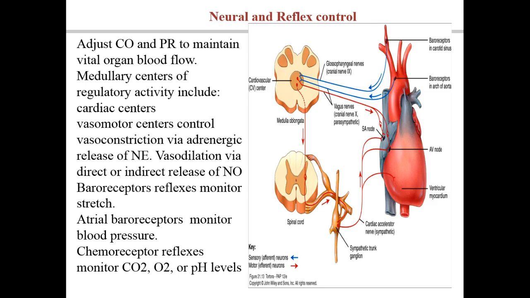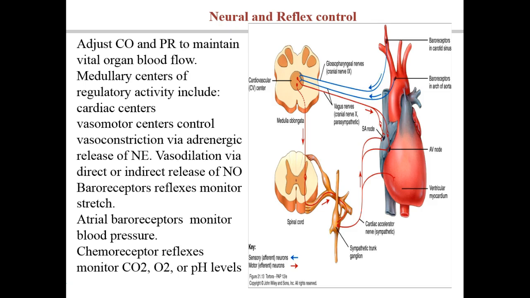So these are controlled by the medulla. Certainly the nerves are actually innervating the vessels, but the medulla causes the release or the increased level of these two chemicals, norepinephrine and nitric oxide.